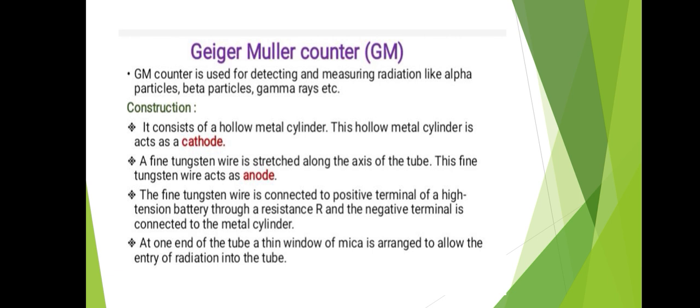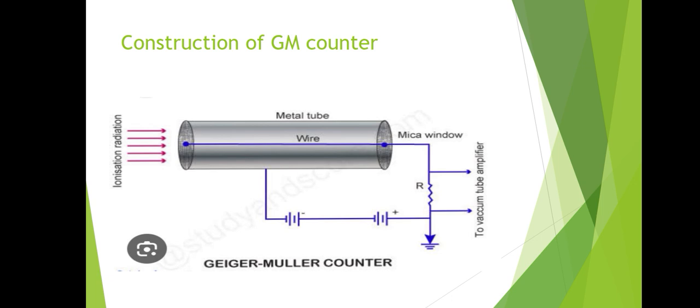The fine tungsten wire is connected to the positive terminal of a high tension battery through a resistance R, and the negative terminal is connected to the metal cylinder. At the end of the tube, a thin window of mica is arranged to allow the entry of radiation into the tube.